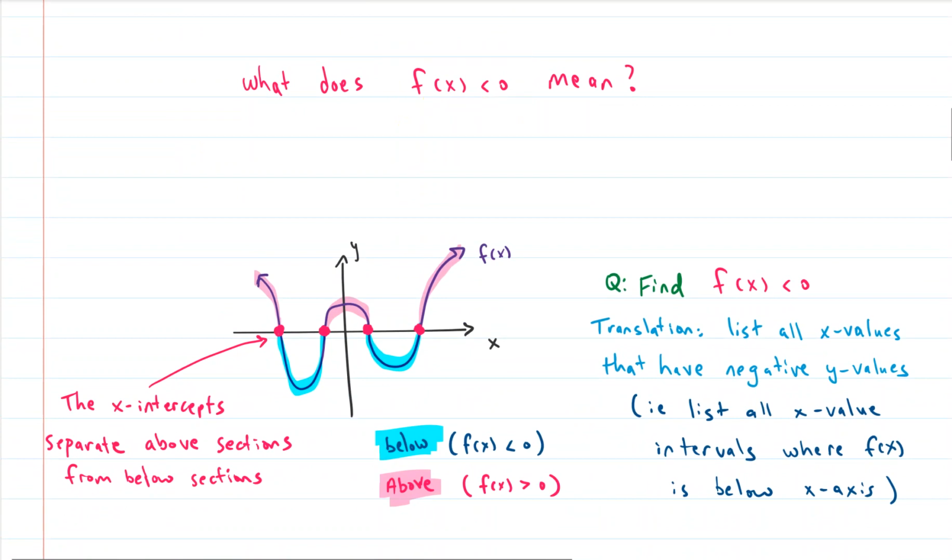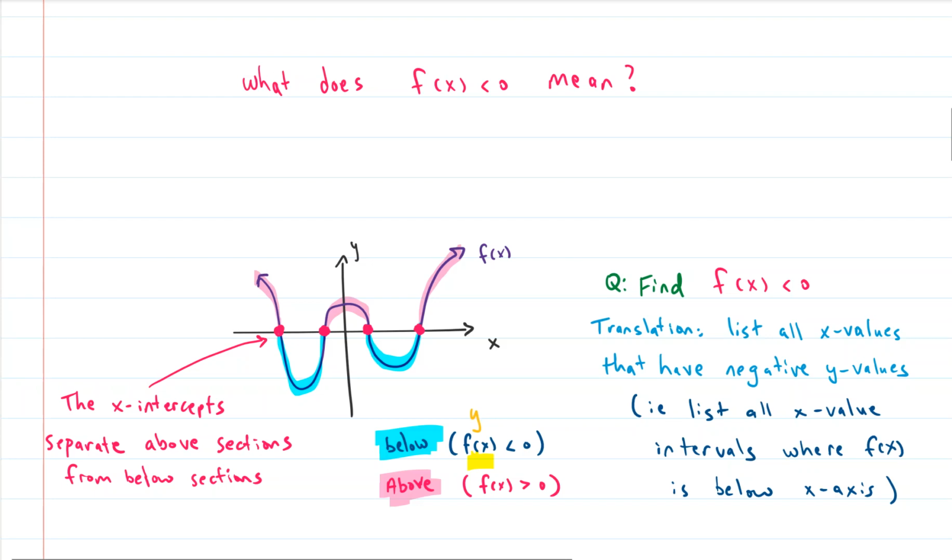Well, really it just means where's the function below the x-axis. So if it's below the x-axis, then f of x, or in other words the y, remember, is the same thing as y. So where the y is negative, the function's below the x-axis.